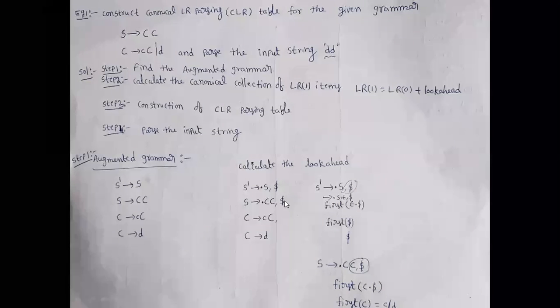So how to calculate this dollar? How to find the look ahead? We are considering S dash is production with dot S, comma dollar.